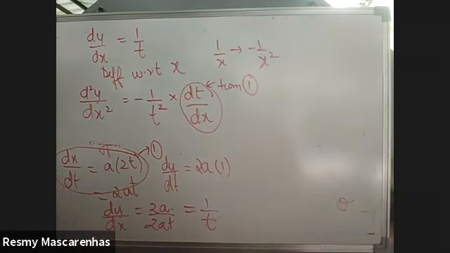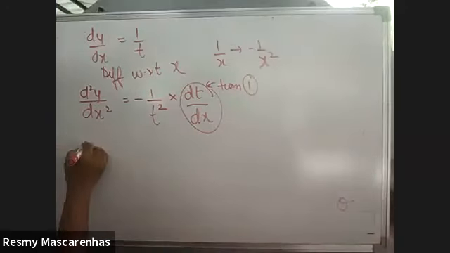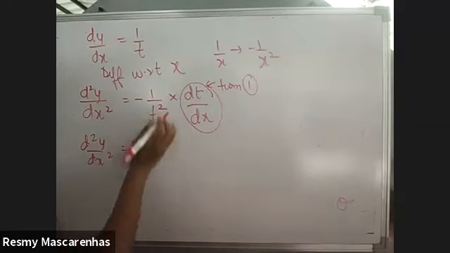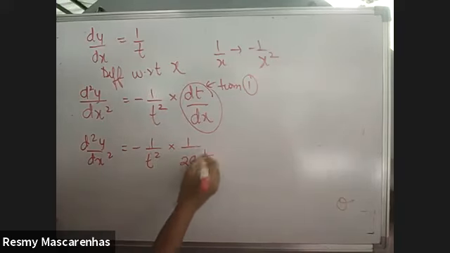Later when you are studying, if you want to know where it came from. So d square y upon dx square will be minus 1 upon t square into 1 upon 2at.